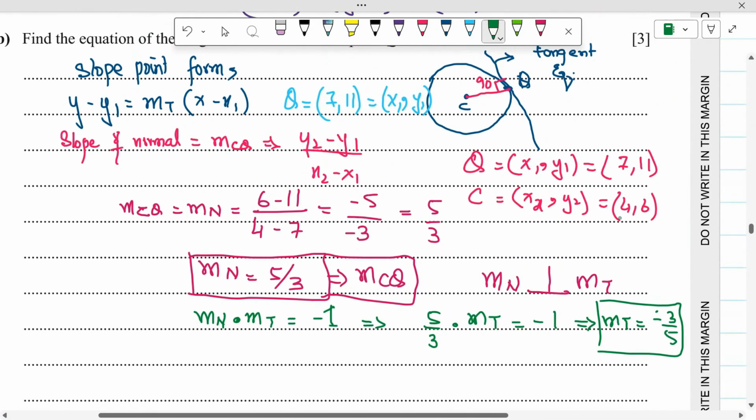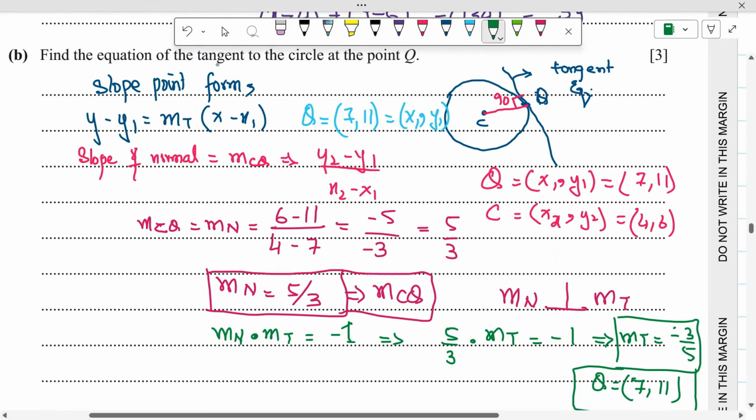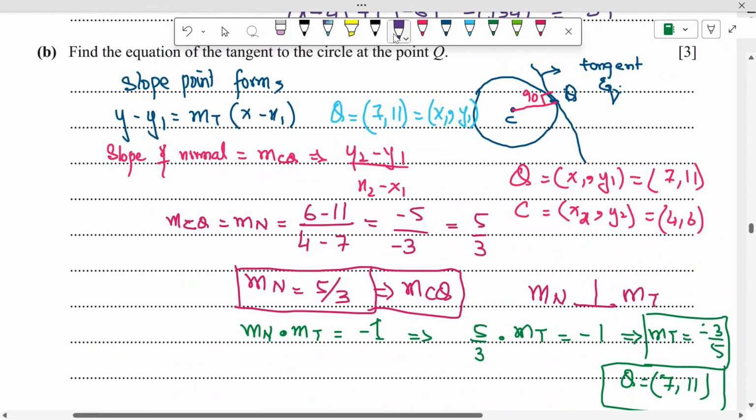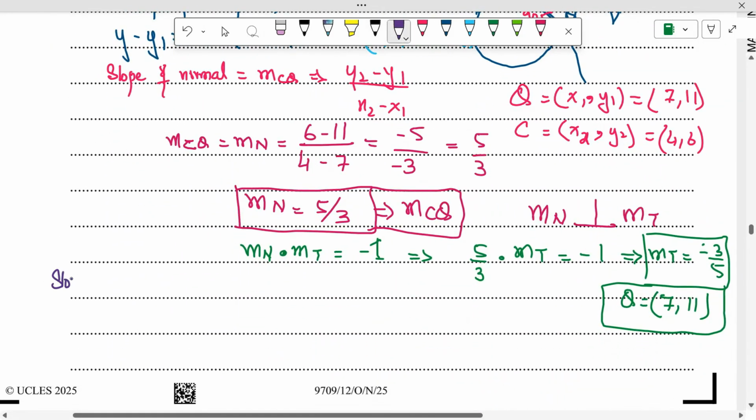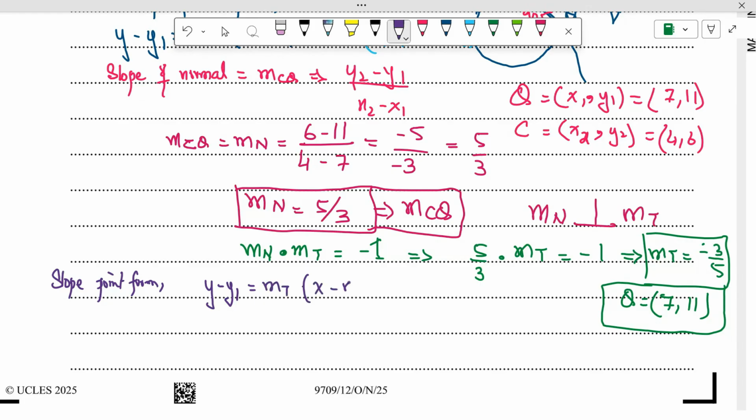Now we have the slope of the tangent and we have the point Q, which is 7 comma 11. So we can use these two pieces of information to find the equation of the tangent by using the slope point form. The slope point form is y minus y1 is equal to m tangent times (x minus x1).